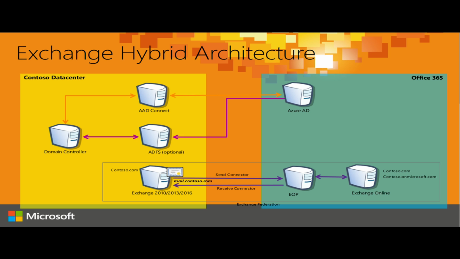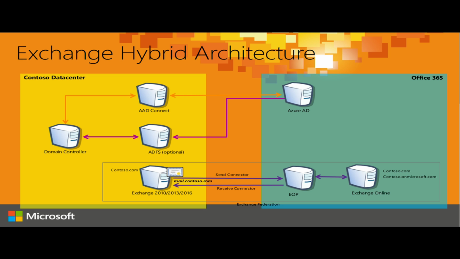Cool. So what's important here is the N-2 rule, right? If you're on Exchange 2003, the hybrid server can only be Exchange 2010. The coexistence rule for Exchange is you could coexist servers within that N-2 rule.